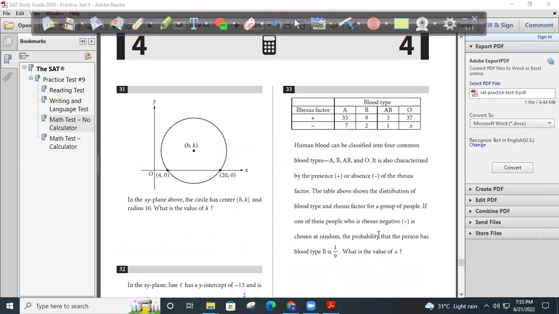Try to solve question number 31 and give me the answer. Attack. Let me see how many of you give me the answer in less than 1 minute. Start.